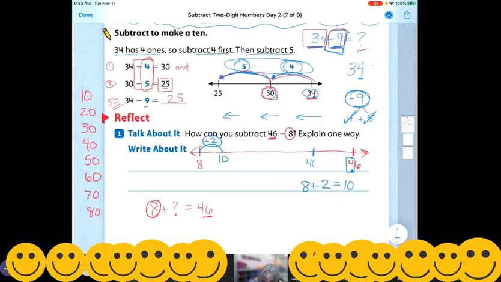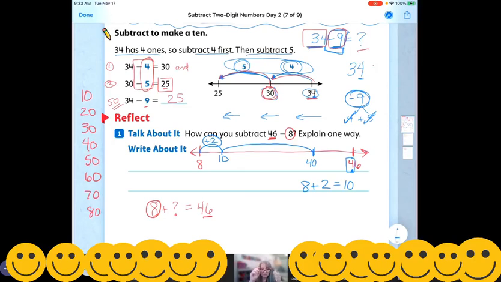We're going to put 40 below, but now we have to figure out, Luke, put your hand down. Now we have to figure out what is that jump from 10 all the way to 40. 10 plus what? Maya is the first one with her hand up. 10 plus what gets me to 40?